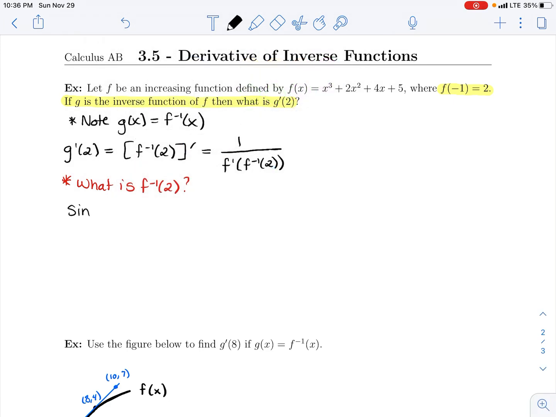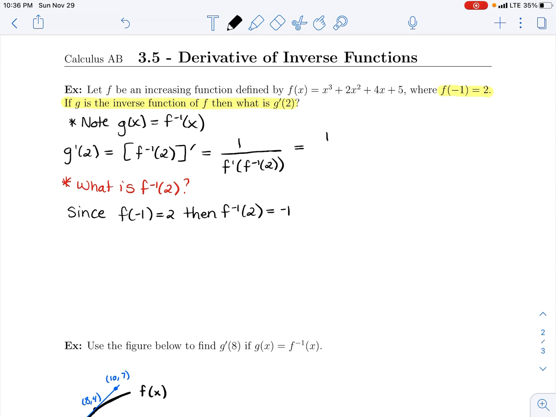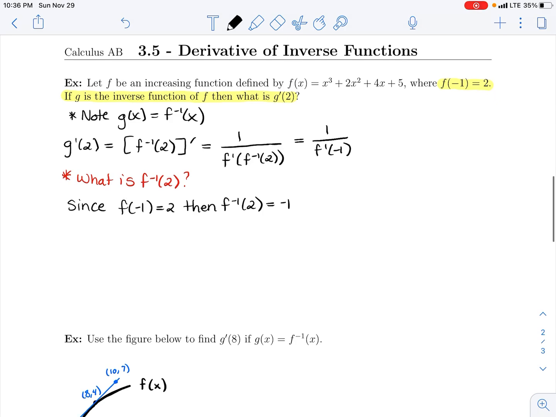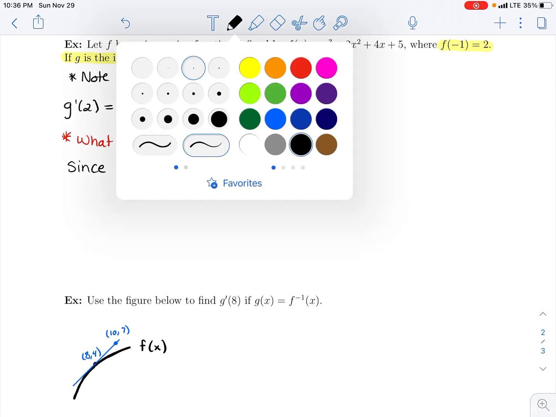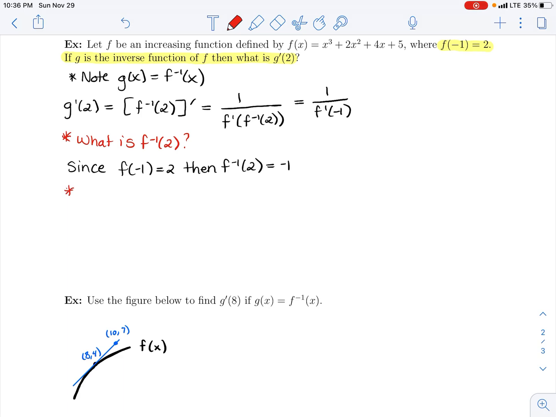So since f of -1 is equal to 2, then f inverse of 2 is equal to -1. And so this is equal to 1 over the derivative at -1. And so now it's like, okay, well, what's the derivative at -1? And so how would we find the derivative at -1?